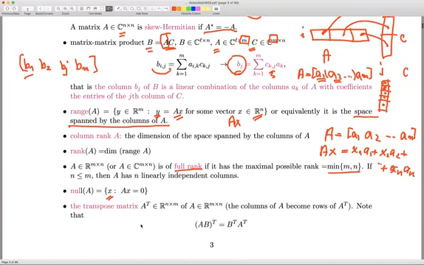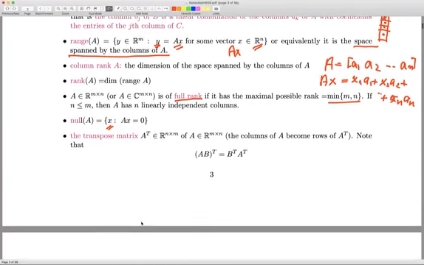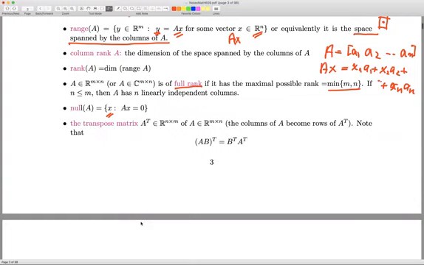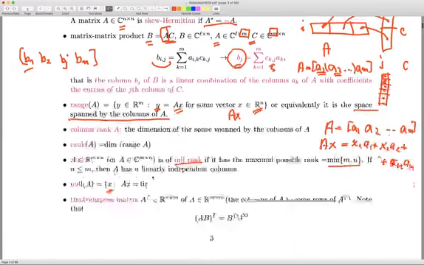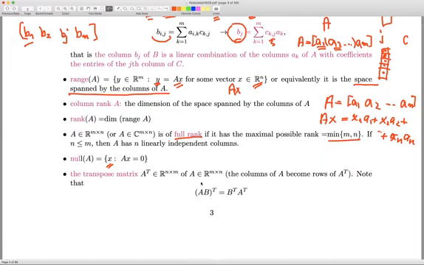The transpose of the matrix A is a matrix, and we already used the symbol transpose when we defined the symmetric matrix. If the original matrix was of dimension m times n, A transpose will be a matrix of dimension n times m, for which the columns of the matrix A become rows of that matrix.